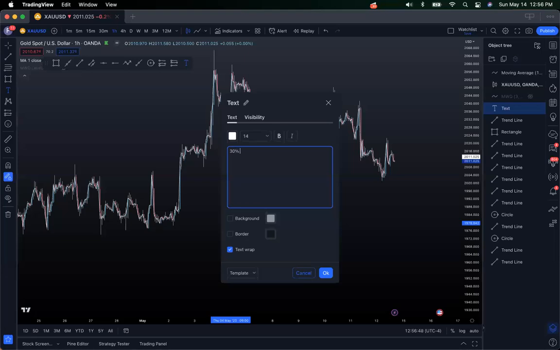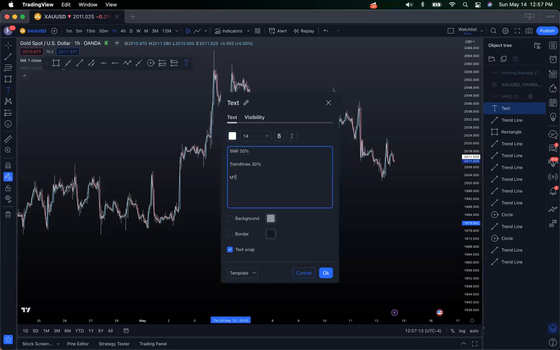You're going to learn about trend lines. So let's say SNR is 30, trend lines is 30.